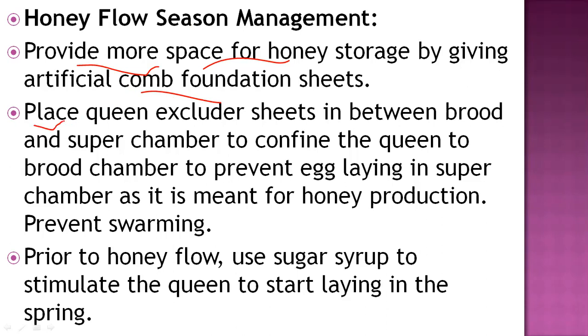Even also, place a queen excluder sheet between the brood chamber and the super chamber, to confine the queen to the brood chamber, so that she does not go anywhere else. This protects against swarming and absconding, and prevents egg laying in the super chamber.